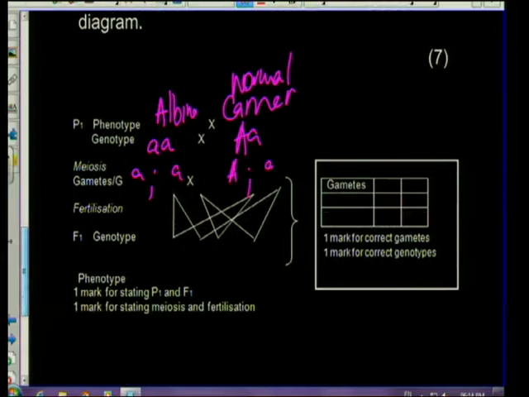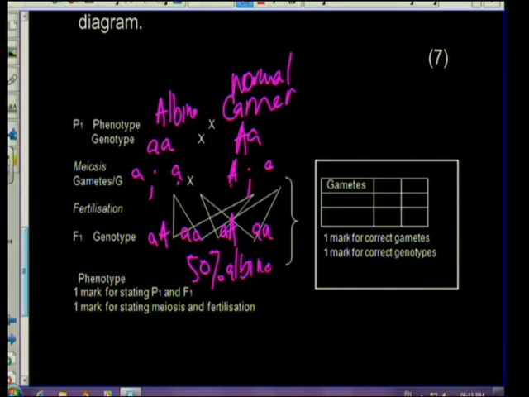And now when fertilization takes place, notice that no matter how we work, the format is still the same. That one and that one gives you small a, capital A, and that one and the small a gives you small a, small a. And the same is going to be repeated with that one: capital A, small a; small a, small a. So you can see that again you're getting a 50% chance of albino and a 50% chance of normal.